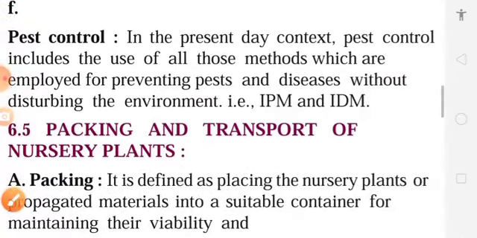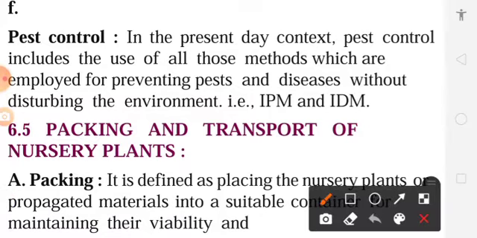So we have to control the pests in different ways as per the kind of pest and kind of disease. We have already studied IPM and IDM, integrated pest management and integrated disease management. The remaining part we will see in the next video. Thank you.